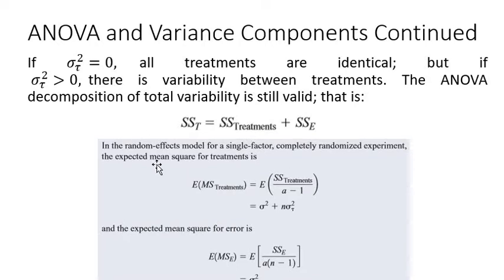So in the random effects model for a single factor completely randomized experiment, the expected mean square for treatment is this, the expected value of the mean square treatment, while this is the expected mean square value of the error. Remember those formulas.